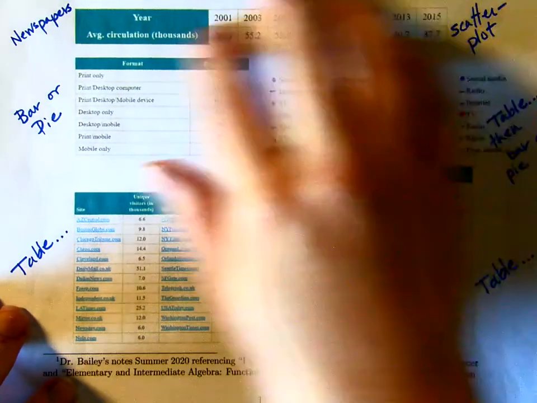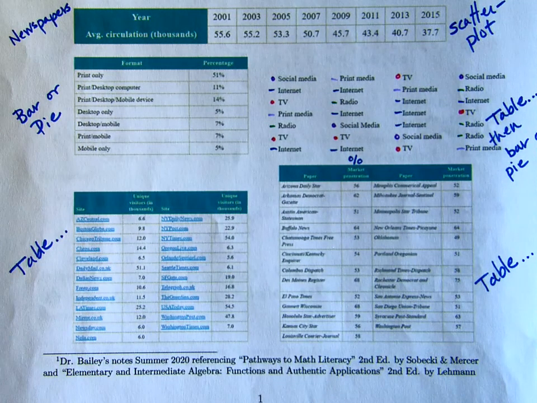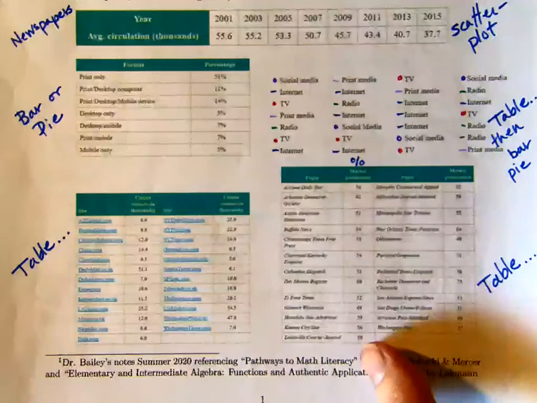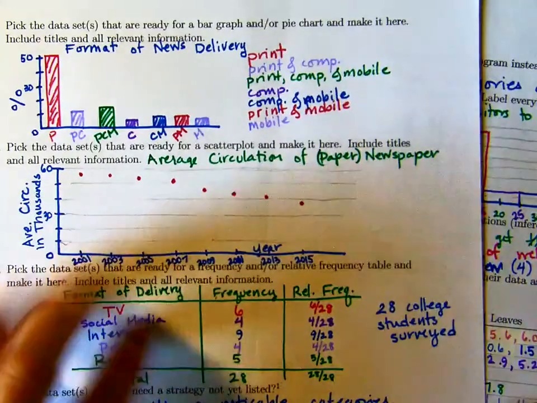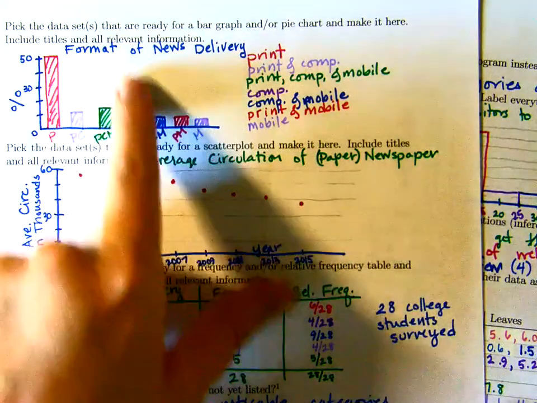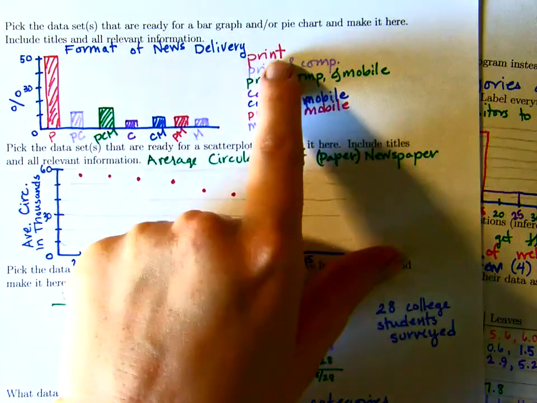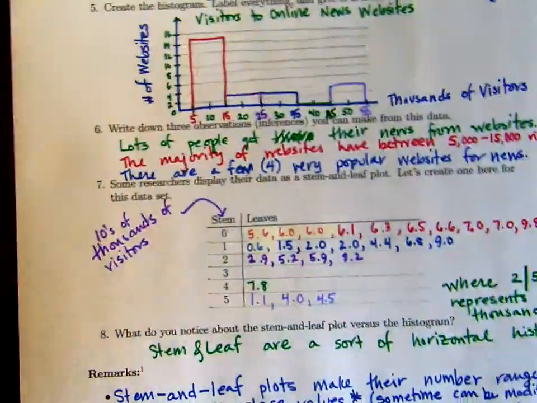So when I see this, I'm like, wow, that's a lot of data. But when you synthesize it and put it all together, organize it and re-talk about it, it would be really interesting to see all of this together. So, yep, paper's going down, but there are other formats that are getting used. Print is still heavy, but there are all these other formats, and even college students are getting it in different ways.